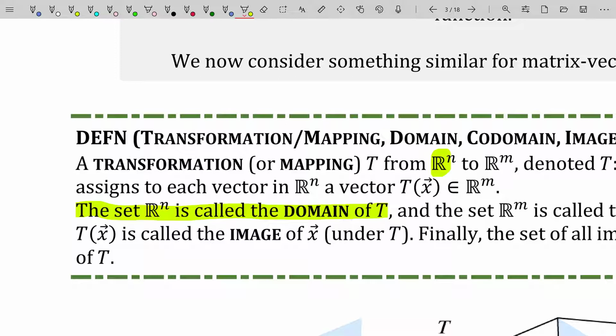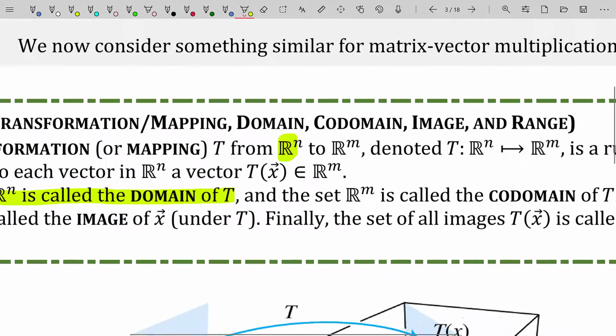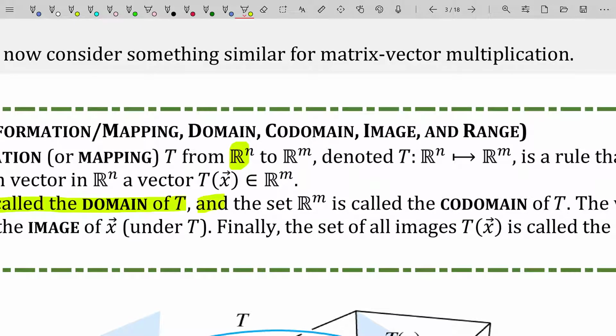That's the bucket of vectors, essentially, that you're grabbing from to plug into your transformation, to map to something. The set Rm is called the codomain, and that is going to be new to very many people, unless you had an incredibly theoretical course in maybe algebra or trig or calculus.